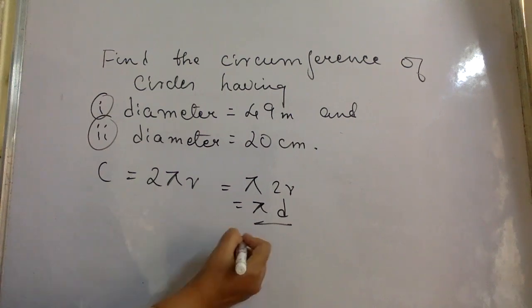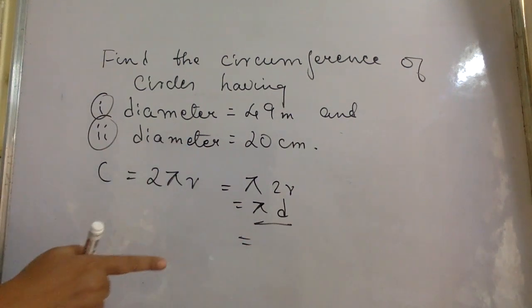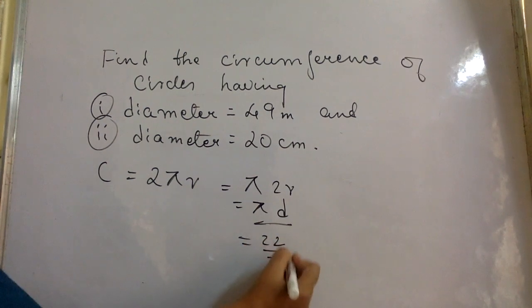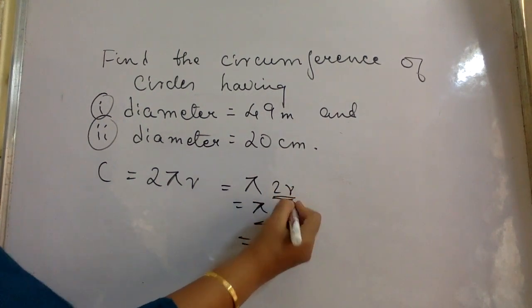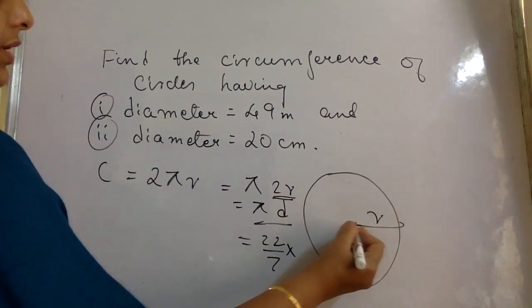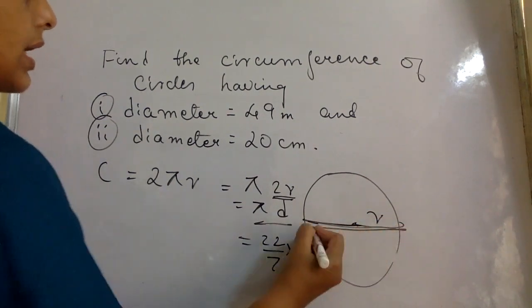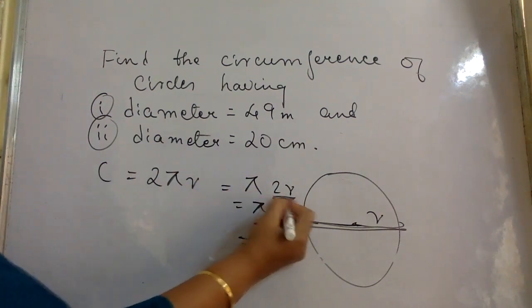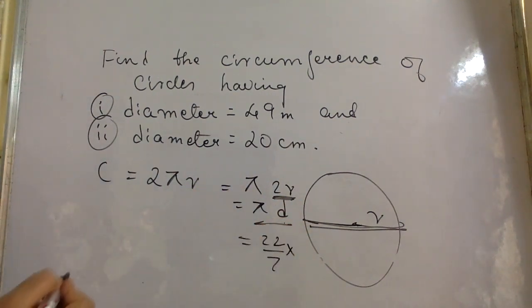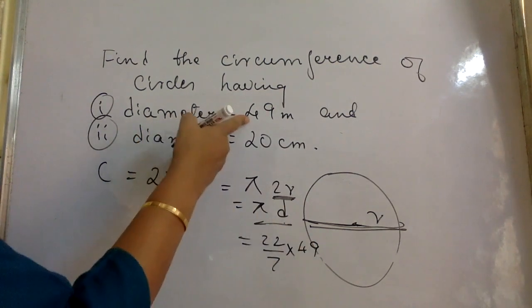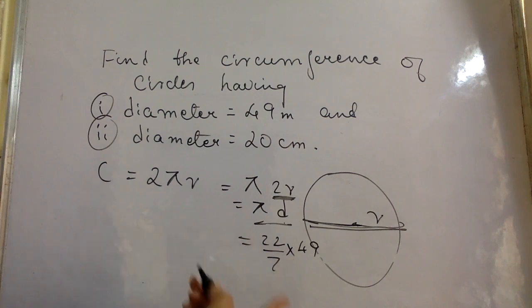Here I can substitute straight away, no problem. You can use this: 22 by 7 into 2r. What is this 2r? If this is the circle, here is the radius, you bring the radius this side also, this becomes the diameter. So twice the radius is equal to the diameter. That is what d is here. Let me put the 49 here, the diameter is 49.